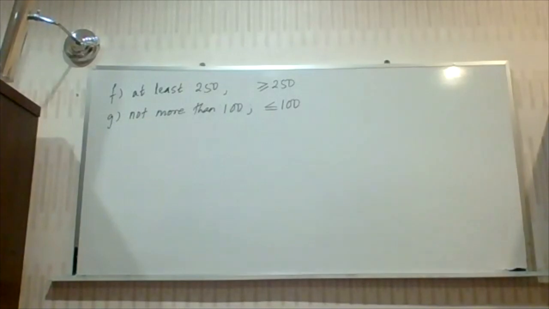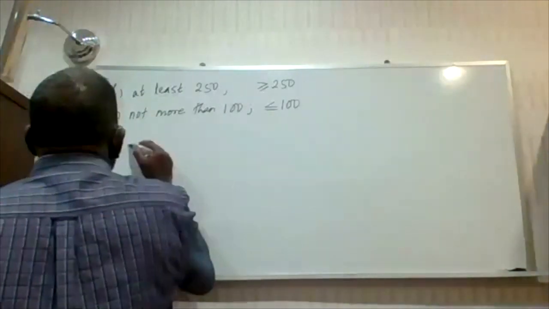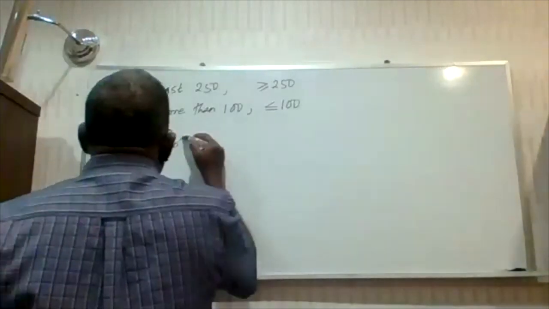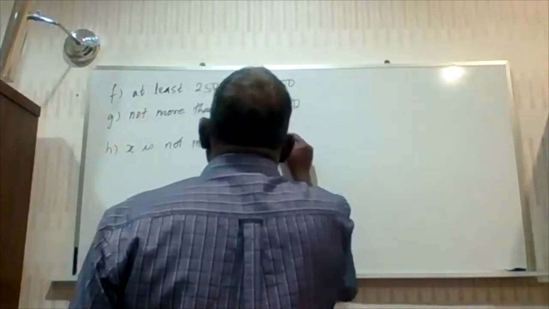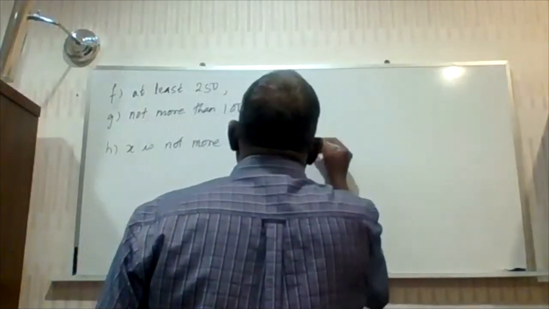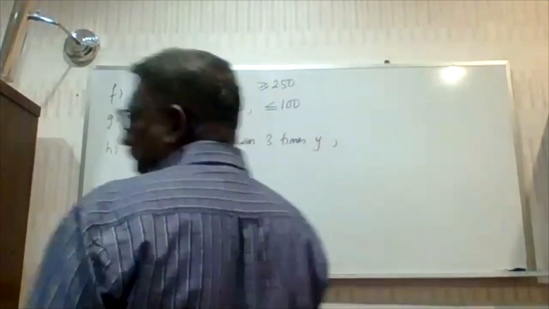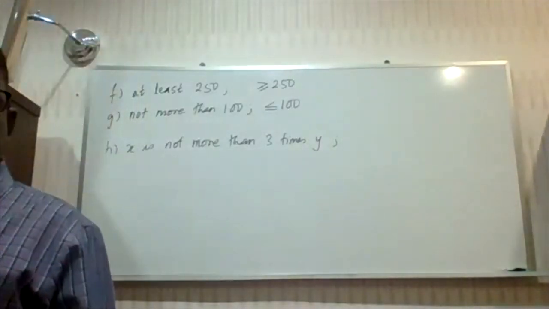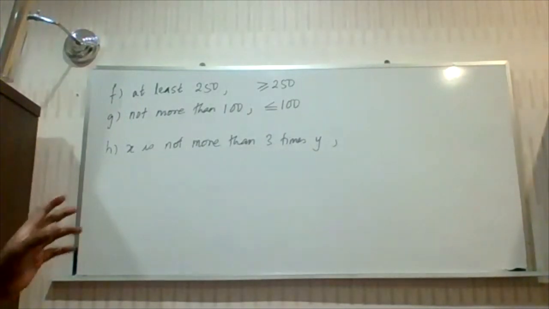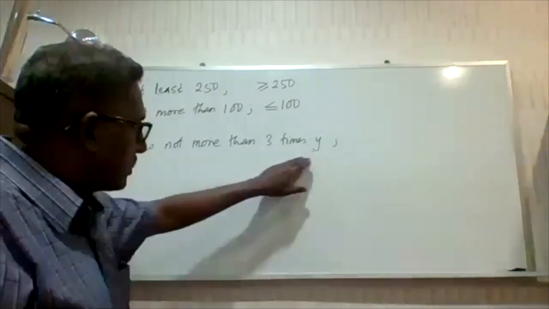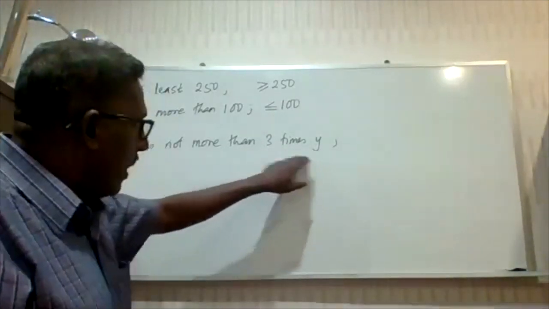Next, X is not more than 3 times Y. What is your understanding here? Your Y has to be multiplied by 3, because 3 times Y means Y multiplied by 3.